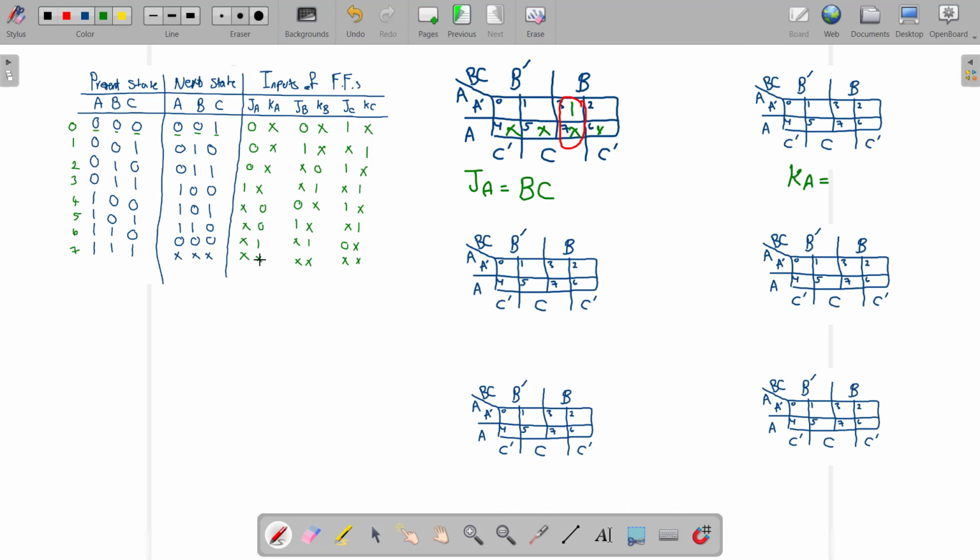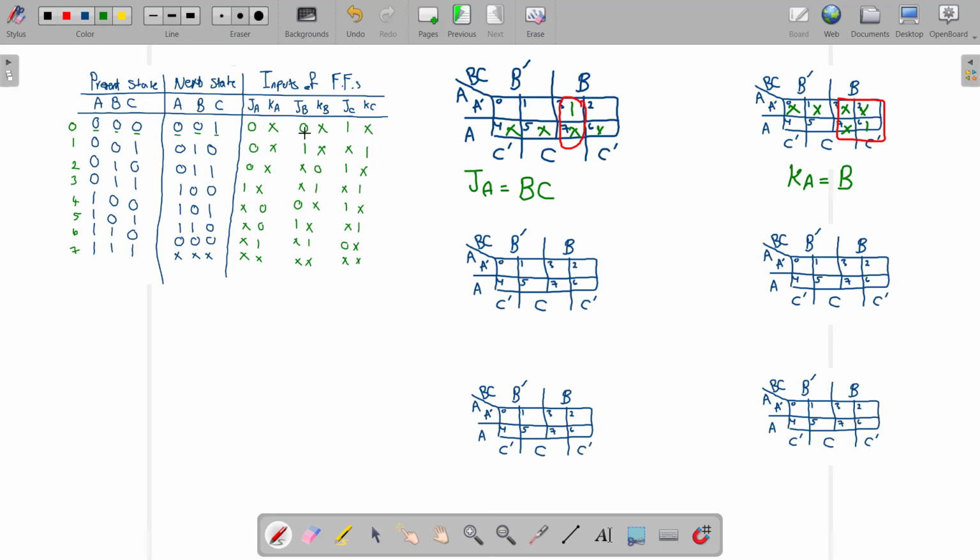So here we have 1, again 7 is don't care. So we apply it here. Here is 1, 6 is 1. So 0, 1, 2, 3, and also 7 is equal to don't care. So we have this 4 as one group, which is equal to B.